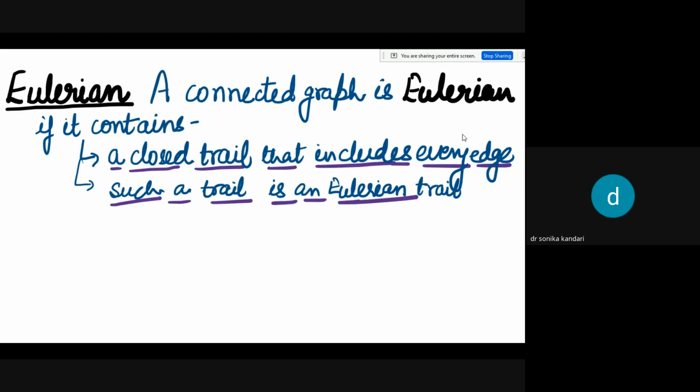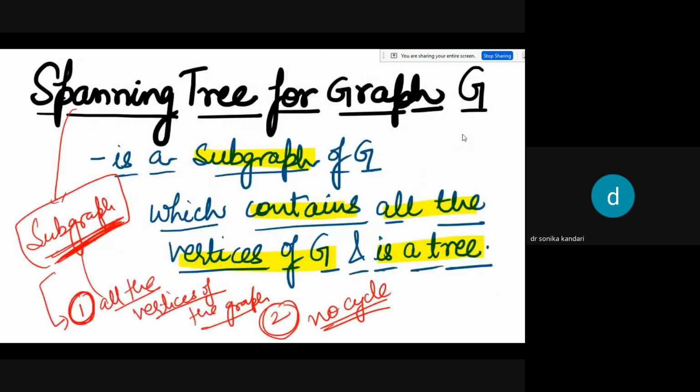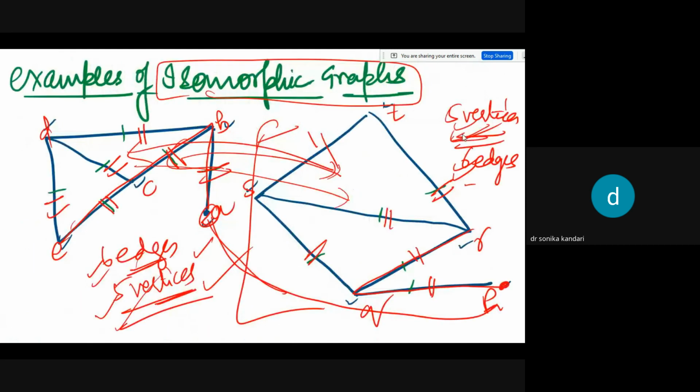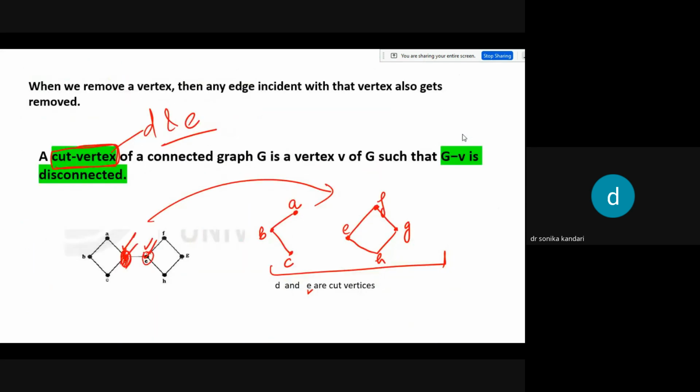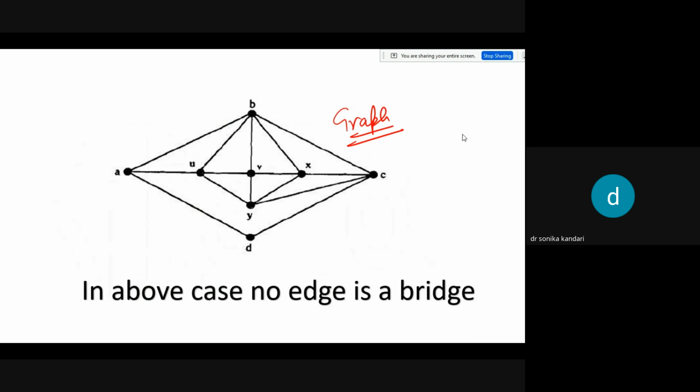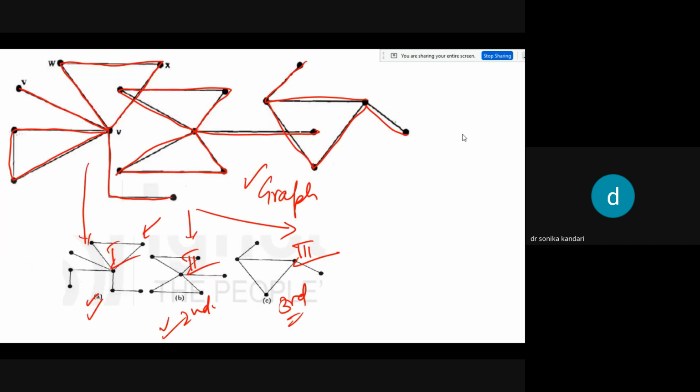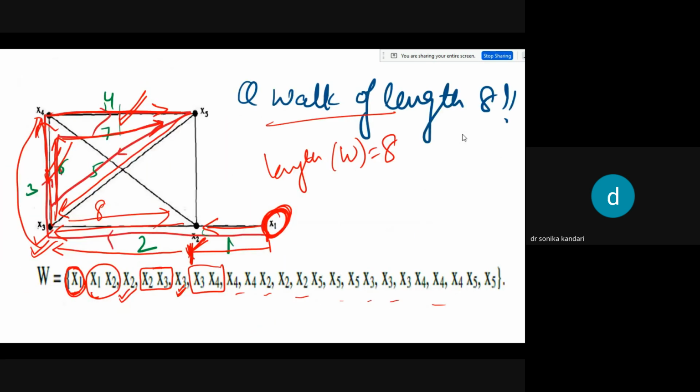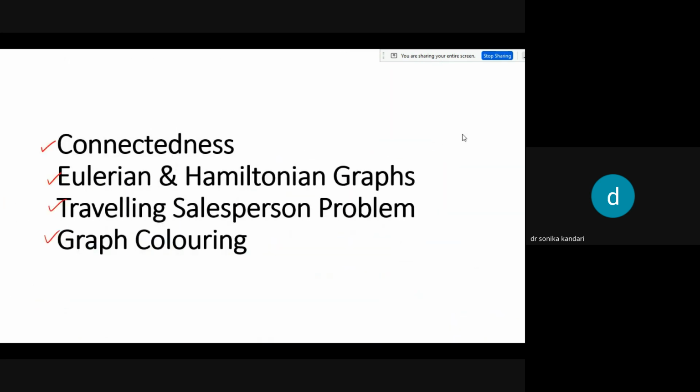Fine. Now coming on to Eulerian graph. This is another booklet. Earlier, we had completed the first book in our previous class, where we started graph theory. And we started today with connectedness.